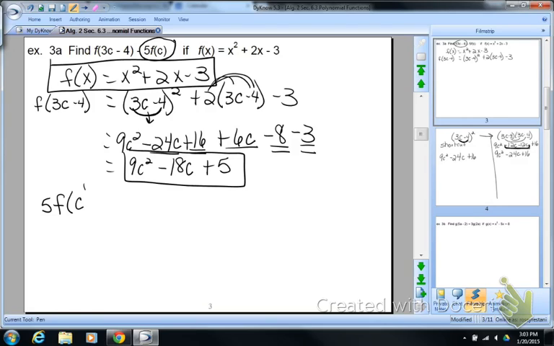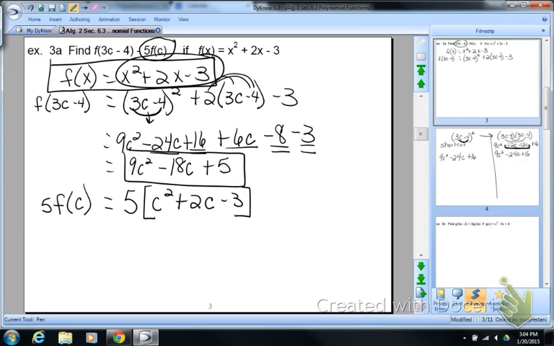I'm going to do function of c. So I have to multiply 5 times that entire function. So I'm going to put a 5, and then I'm going to put the entire function inside a bracket. All of this inside a bracket. And wherever I see x, what am I going to plug in? C. So that'll be c squared plus 2c minus 3.